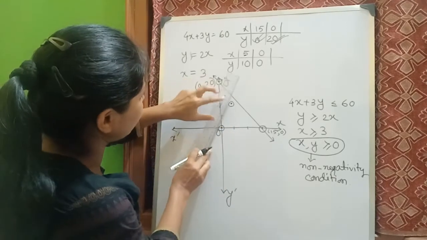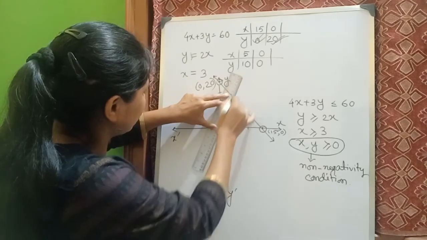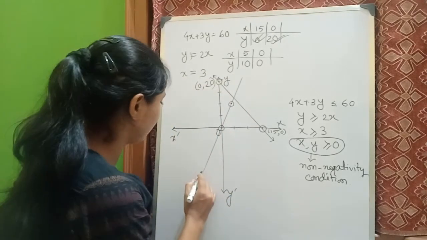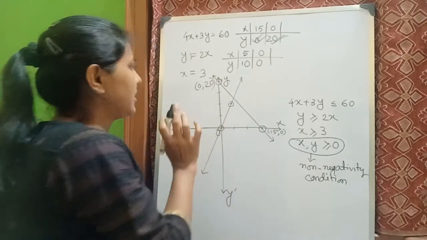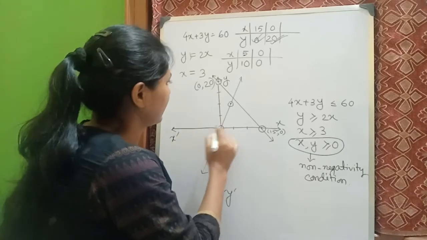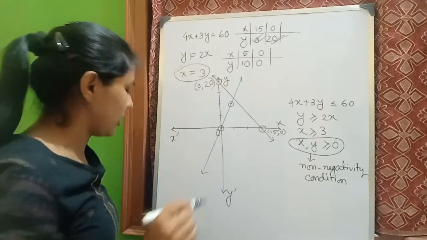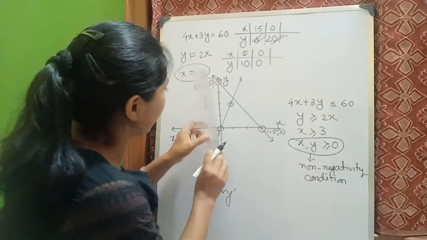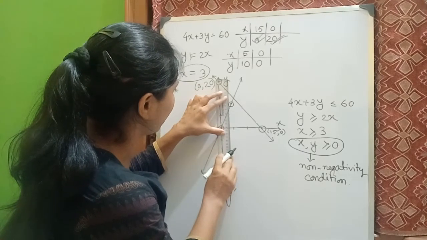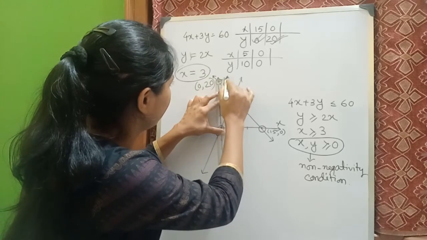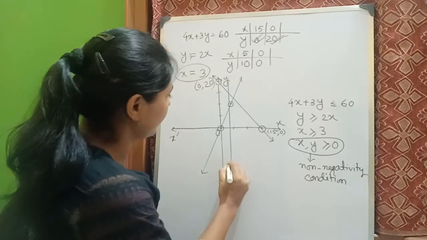Again I'm placing the scale on the points, and I got the line here. Then the third one is x equals 3, the vertical line at 3. So 3 will be somewhere here, and it will be a vertical line like this.